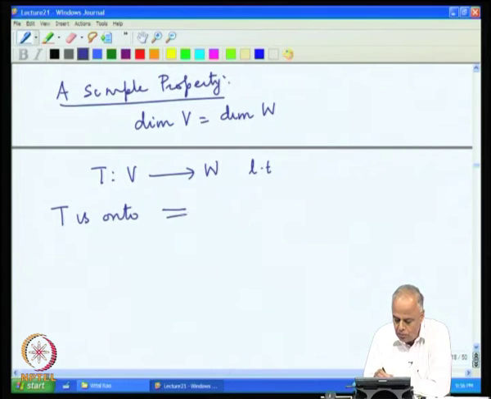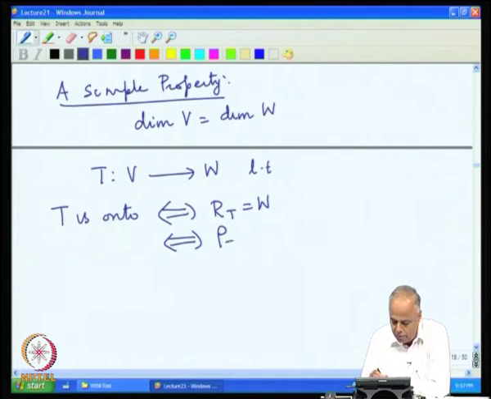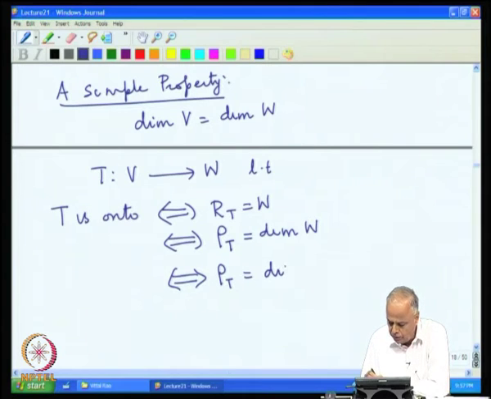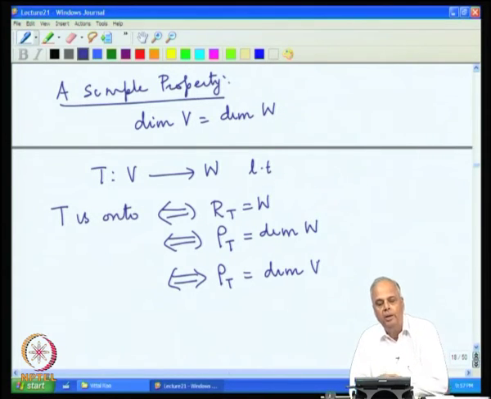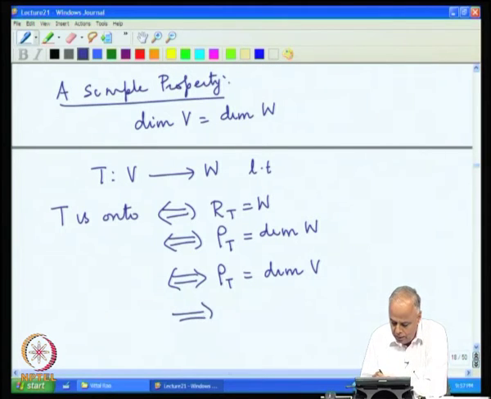Now, suppose T is onto. When is T onto? This means if and only if the range of T is W, if and only if the rank of T is equal to the dimension of W, but the dimension of W is the same as the dimension of V. So, if and only if rank of T is equal to the dimension of V, but by the rank nullity theorem, the rank plus nullity is equal to the dimension of V. So, therefore, if the rank of T has to be dimension of V, the nullity of T is forced to be 0.